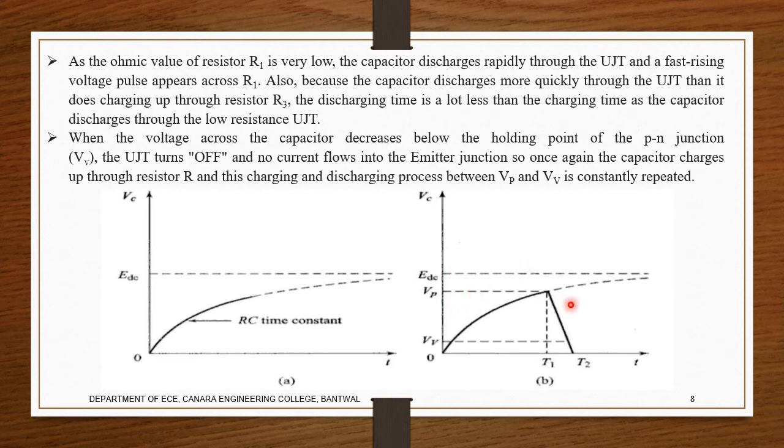It takes a certain time to charge up to the VP value. Once it is charged to VP, the UJT is triggered on, and that time is up to here. This is the functionality, where it can work. You can see it till here.